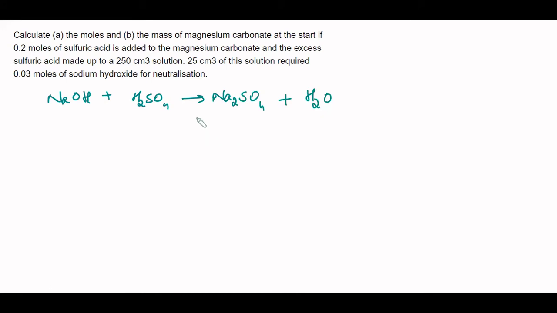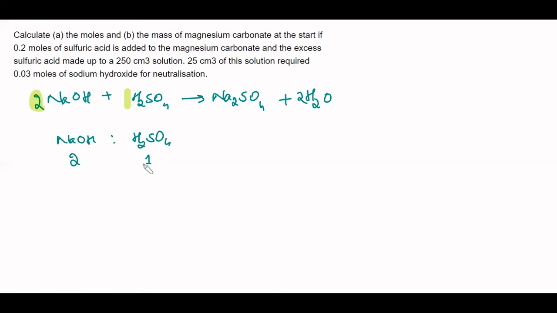When I'm balancing this out, I'll be getting 2 and 2 here. The ratio of NaOH to sulfuric acid is not 1:2, it is 2:1. 2 NaOH would be consuming just 1 sulfuric acid.